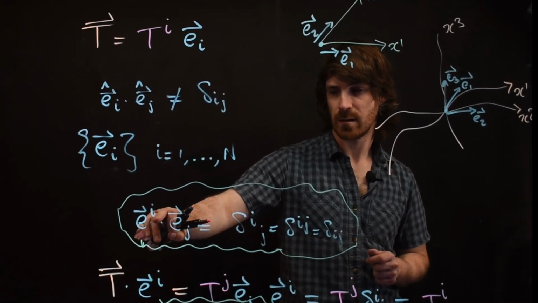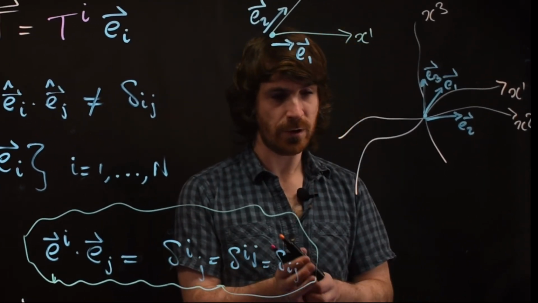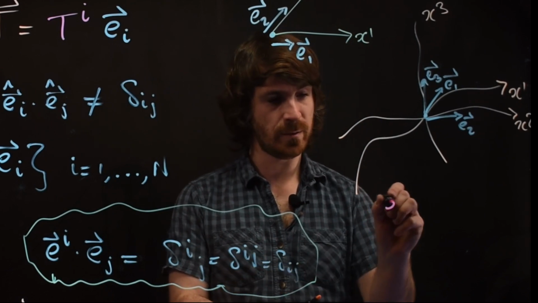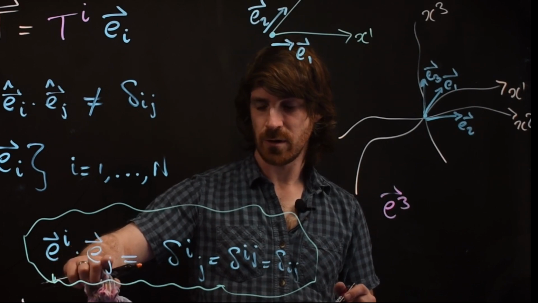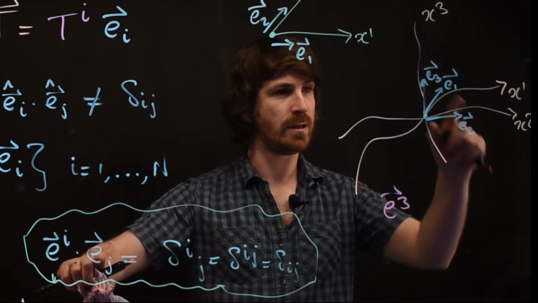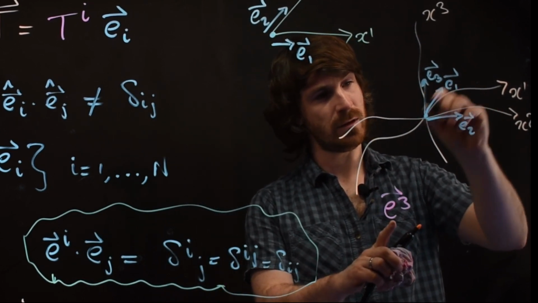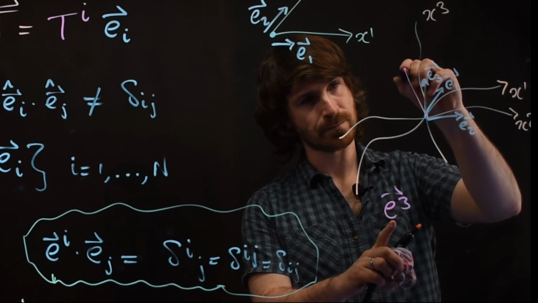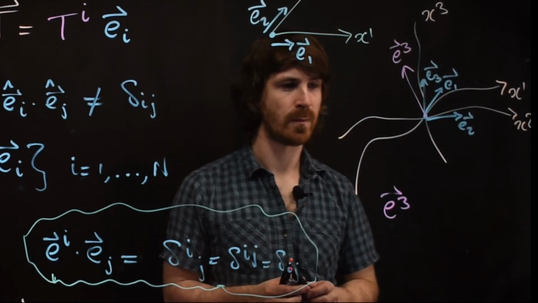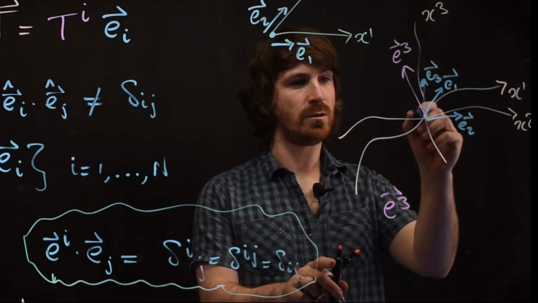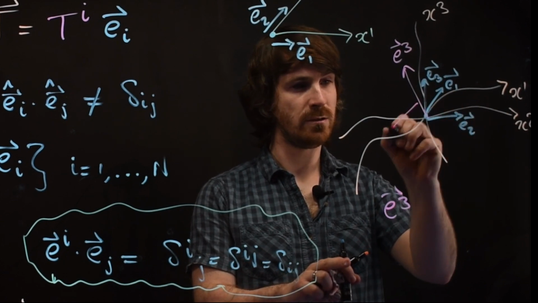This is telling us that, for example, for x3, the dual basis vector e^3 is orthogonal to the natural basis vectors for 1 and 2. So e^3 is perpendicular to e_1 and e_2. This is the dual basis vector e^3, and it's perpendicular to the coordinate surface that is drawn out by e_1 and e_2.